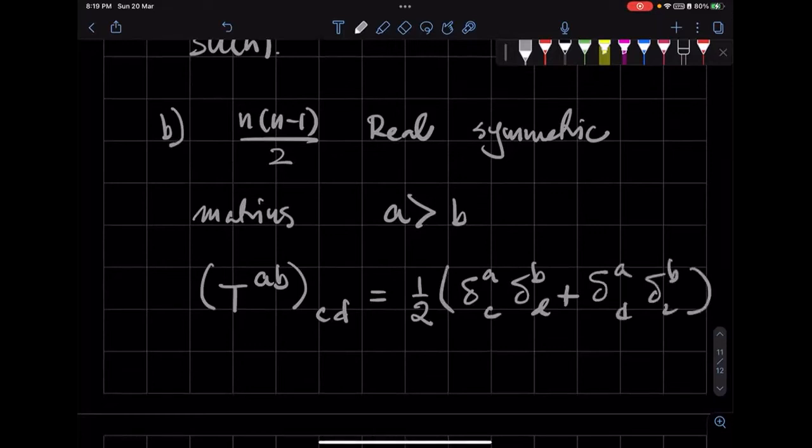It should be clear that this is a symmetric matrix, right? And also that it is traceless. Okay? And because a is greater than b, the number of matrices is n times (n minus 1)/2. Is this clear how the counting works, or I can show it as well?